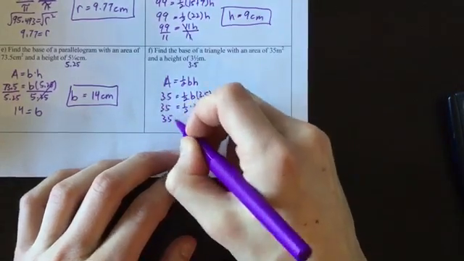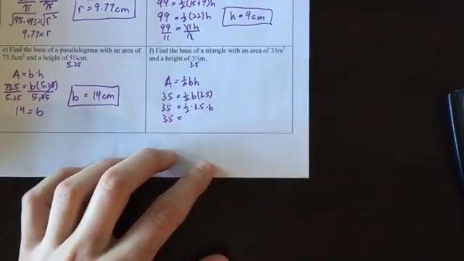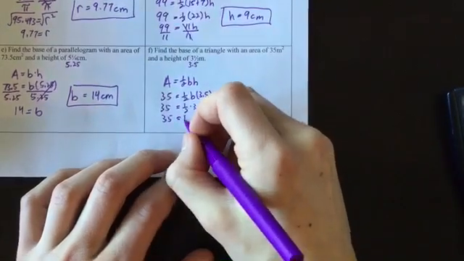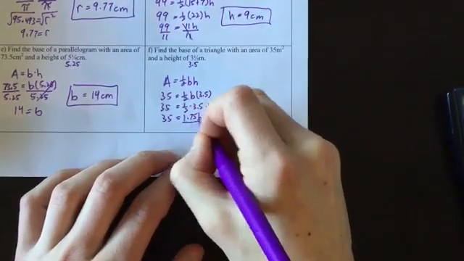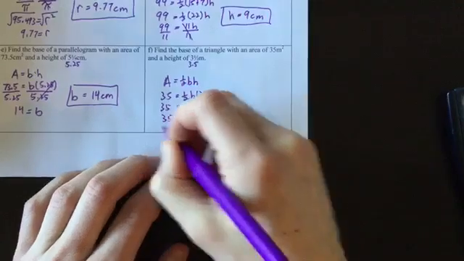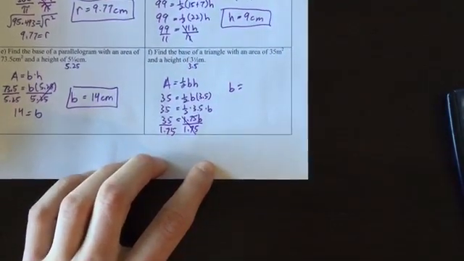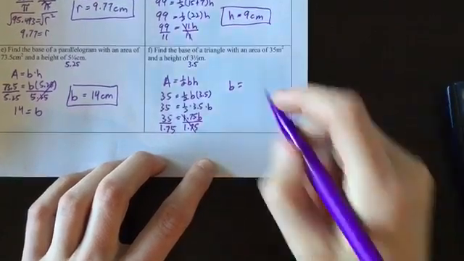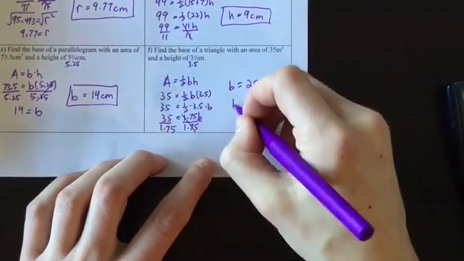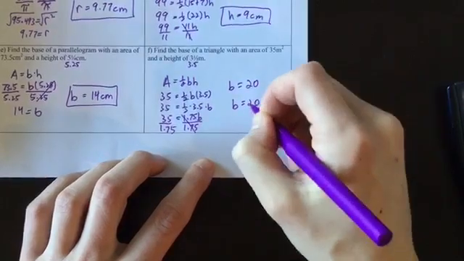Half of 3.5: 0.5 times 3.5 in my calculator is 1.75b. Divide both sides by 1.75, and we're going to get b is equal to 20. So the base is 20 meters.